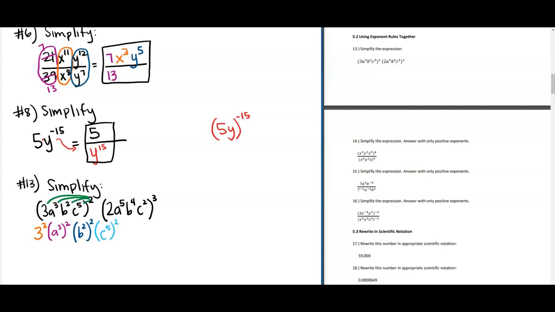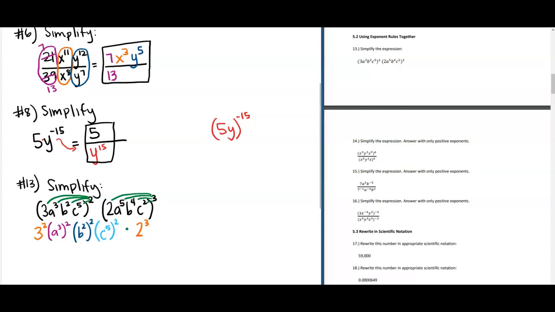Let's do the same thing now, distributing this power of 3 to everybody inside this parenthesis. So this is all going to be multiplied by 2 to the 3rd power.